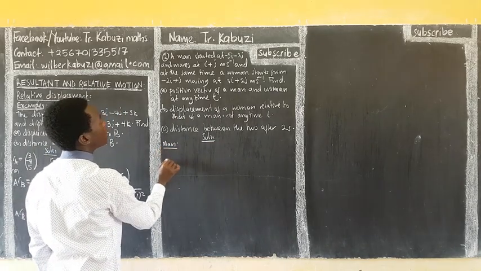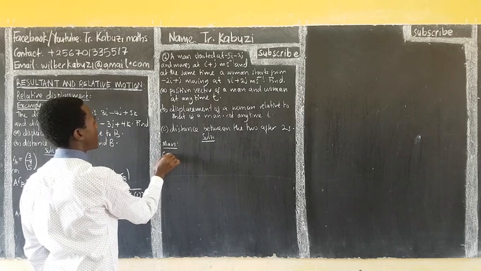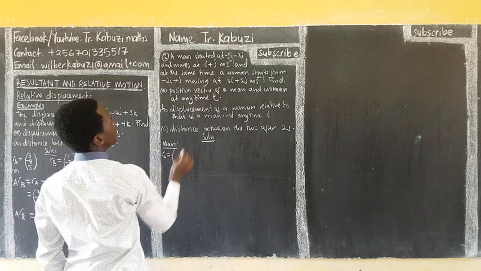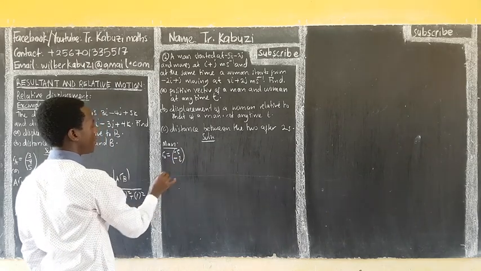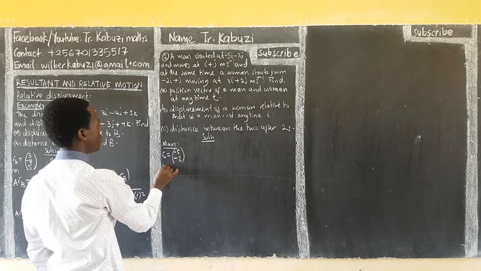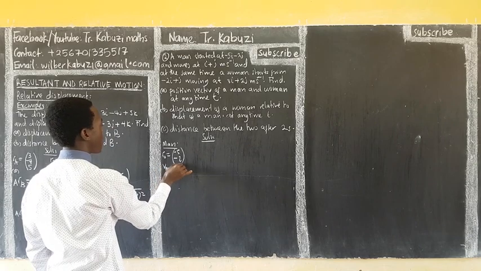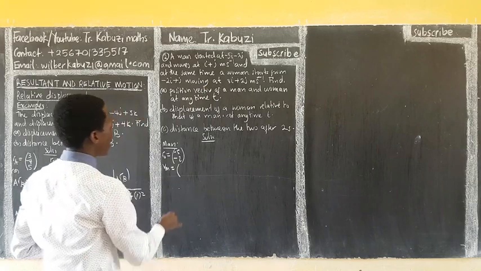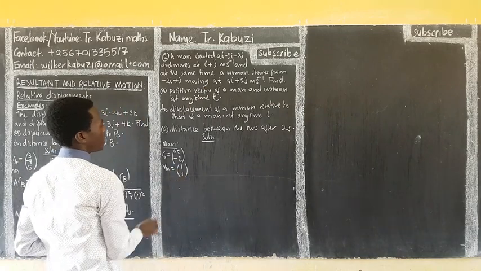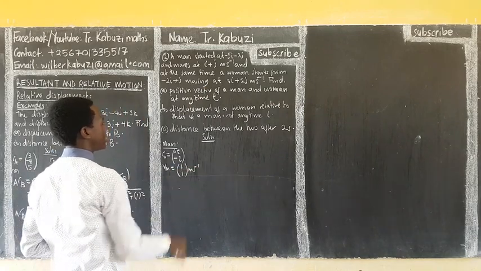First of all, the R at any time, he started from -5, -2. Then his velocity, he was moving at 1, 1, that is his velocity, meters per second.